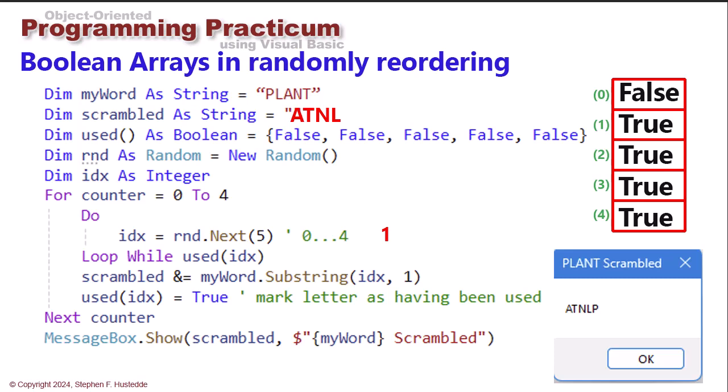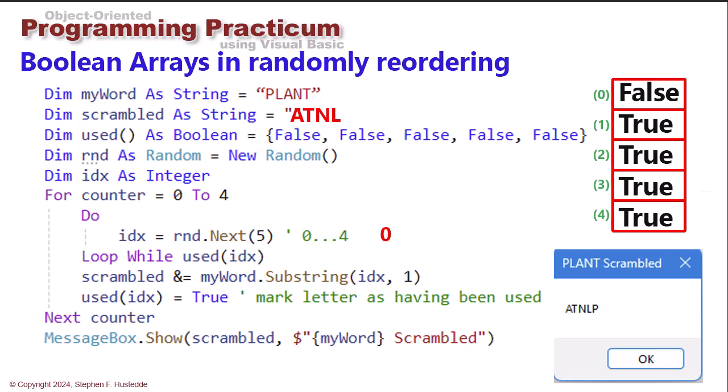Next counter, counter equaling 4. The do loop, this time randomly generates a number, and let's say it generates a 1 again. Well, element 1 of used is true, so we're going to generate another number. It generates a 4. Well, that's also true. It's going to generate another number. Maybe it goes back to 2. That's also true. It'll keep generating until it finds an element of used that is not true.